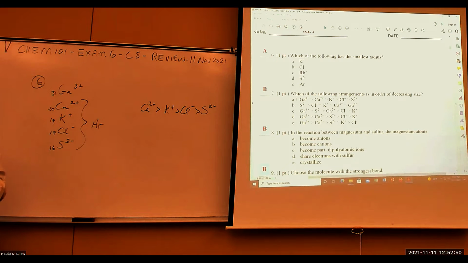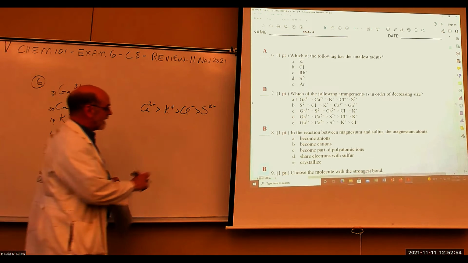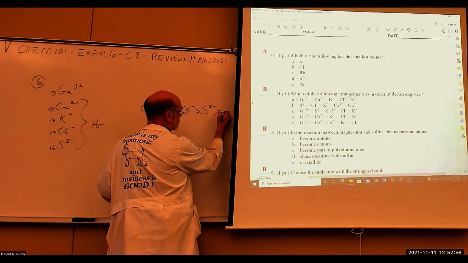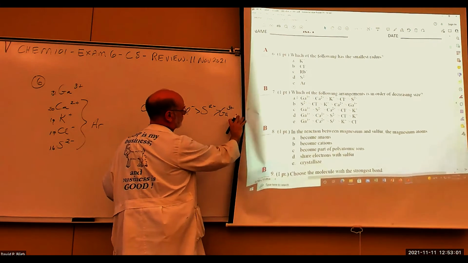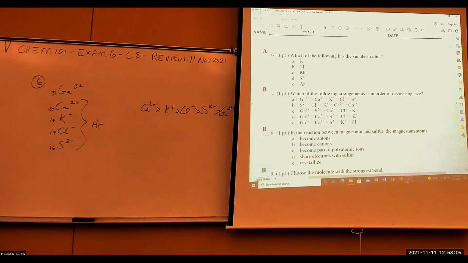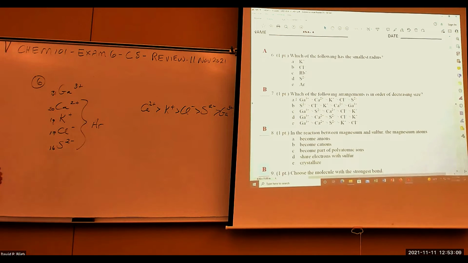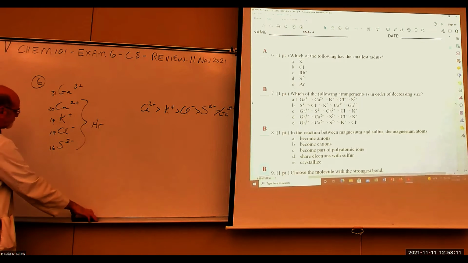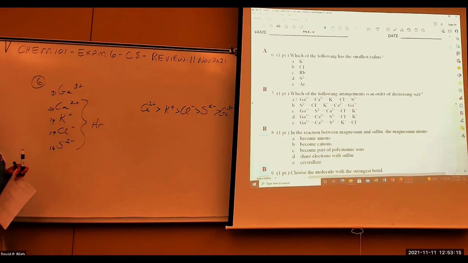So they're really not sticking out there that far. But with that many extra protons, I think gallium is probably the smallest. And that's my reasoning, okay, if that makes any sense. It would have been easy if we hadn't thrown gallium in here. That's the fly in the ointment.